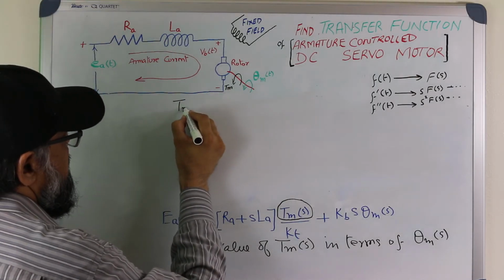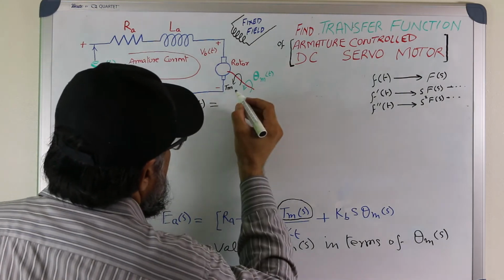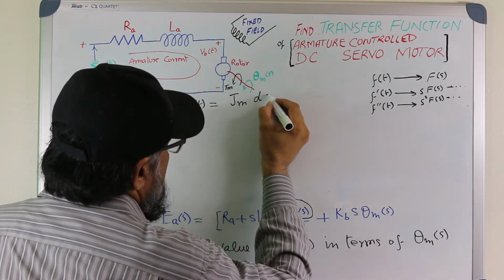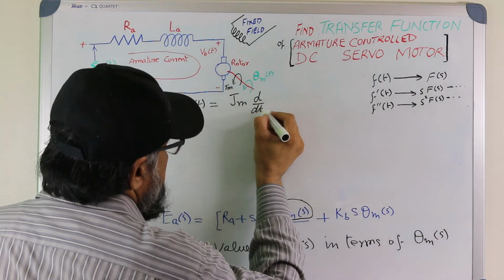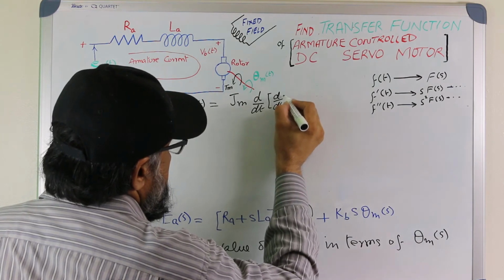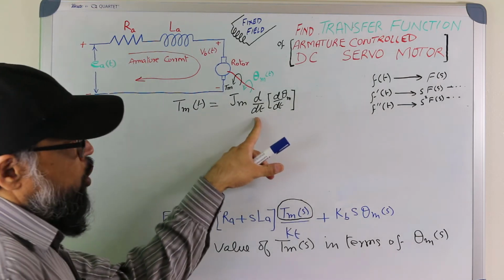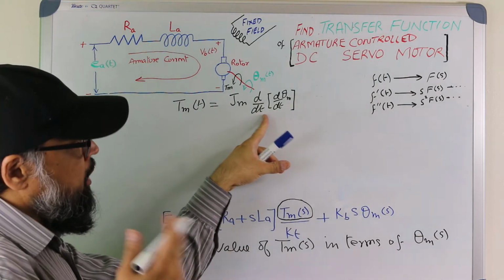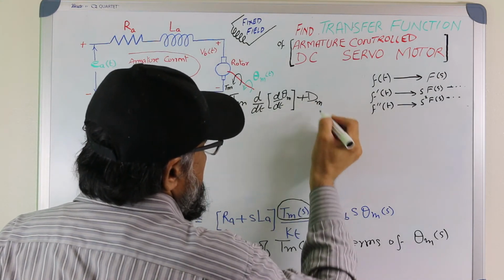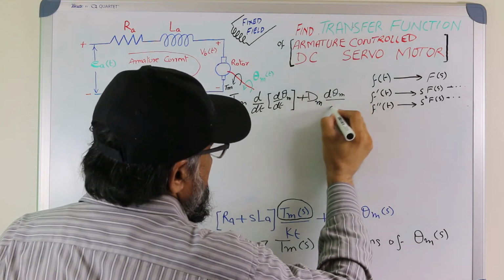So torque in time domain equals Jm d omega by dt, and if you replace omega with d by dt of theta m, so now we have d square theta divided by dt square plus Dm, the damping, into omega, which is d theta m by dt.